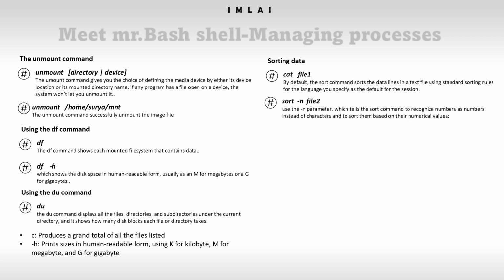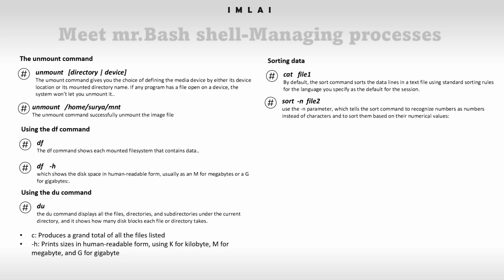So if you are expecting the numbers to sort in numerical order, you will be disappointed by default. The sort command interprets numbers as characters and performs a standard character sort, producing output that might not be what you want.